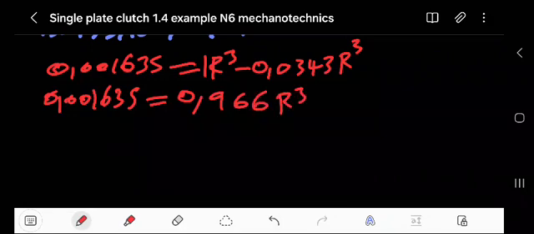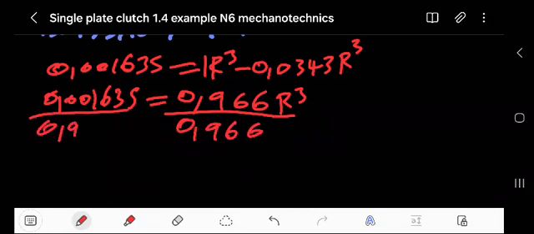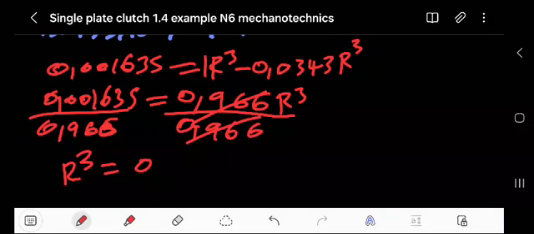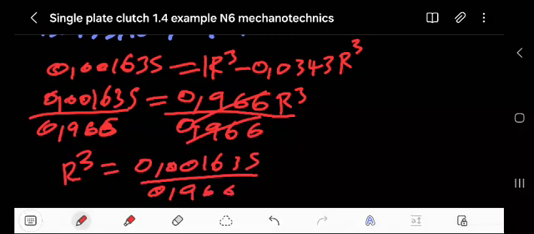Then I divide this by 0.966, then I'll have R cubed. Then I take the cube root both sides. I'll have R cubed, which is equal to 0.001635 divided by 0.966, then cubed.